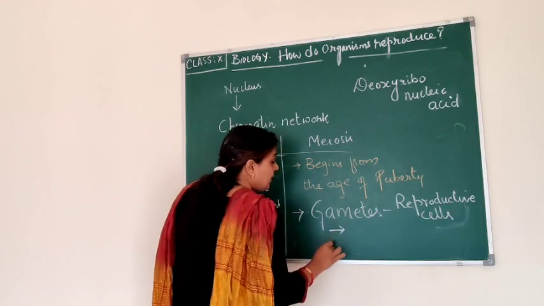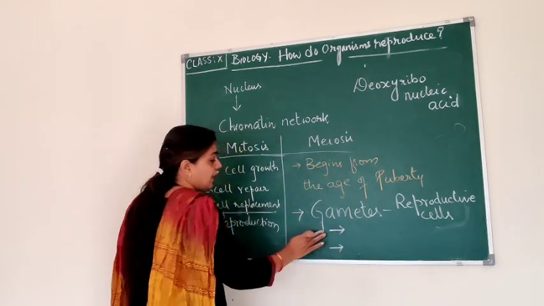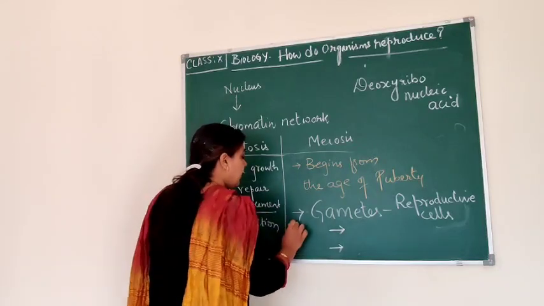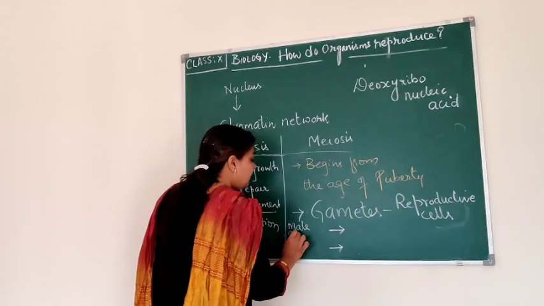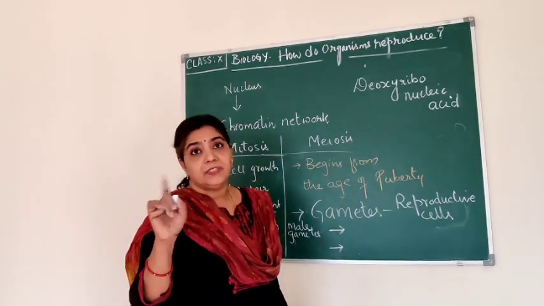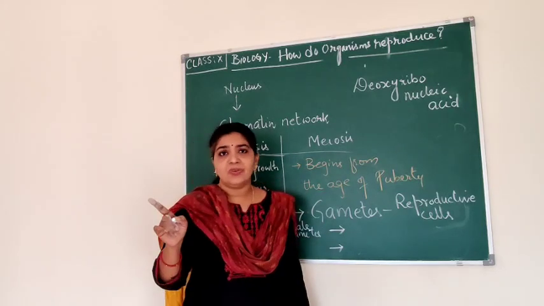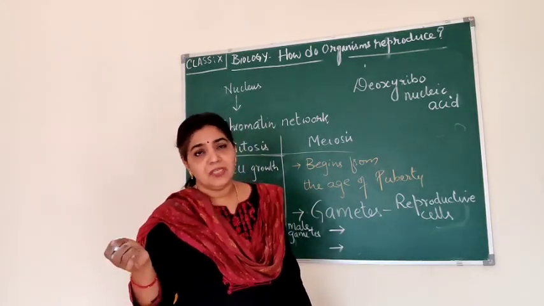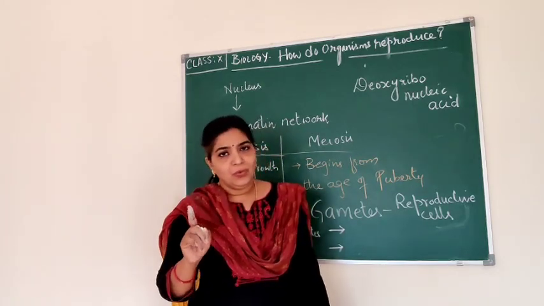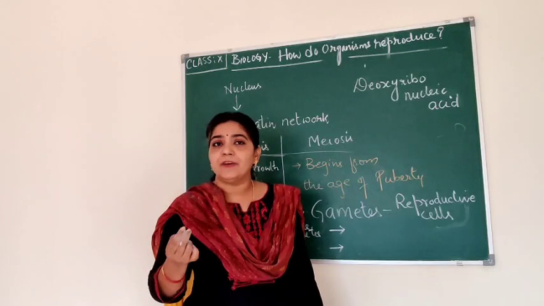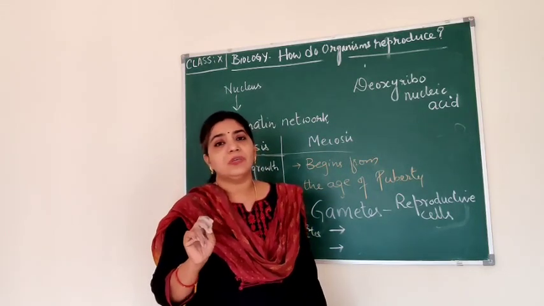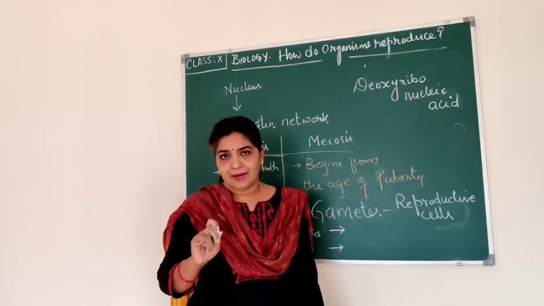So in the case of human beings or higher animals, the male gametes. See, we learned in control and coordination, that is testosterone, right? Testosterone is the hormone produced by the testes, and estrogen is the hormone produced by the ovaries. And I told you testosterone helps in development of secondary male characters, and estrogen will help in the growth of secondary female characters.